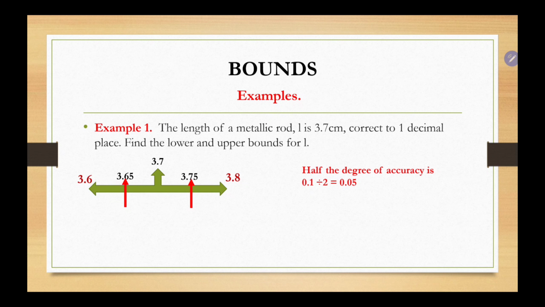So for us to get the lower bounds and the upper bounds, we simply take the number, which is 3.7, and we subtract or add 0.05 to it. So in this case, our upper bound would just be 3.75 and the lower bound would be 3.65. That's another way to look at it. You can look at the number line method or you look at this other method.